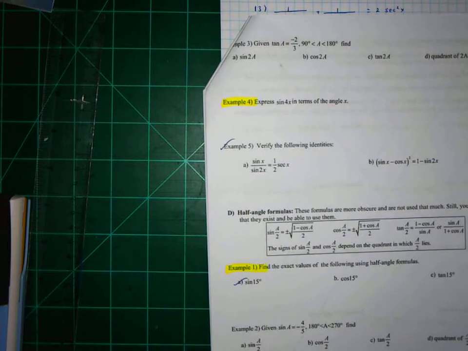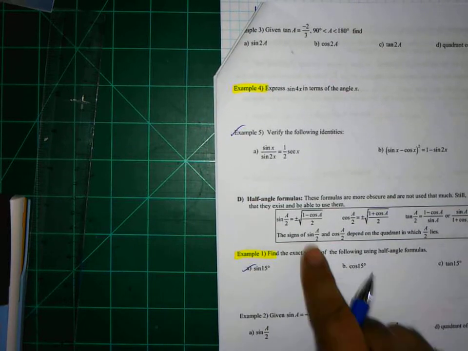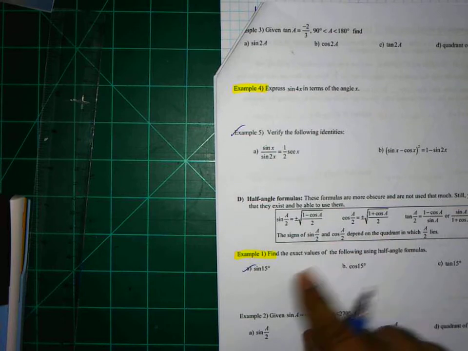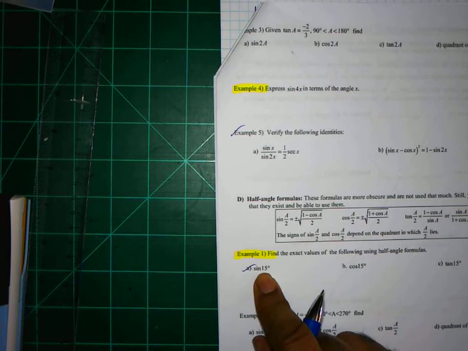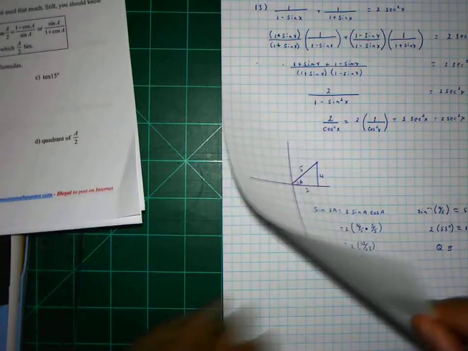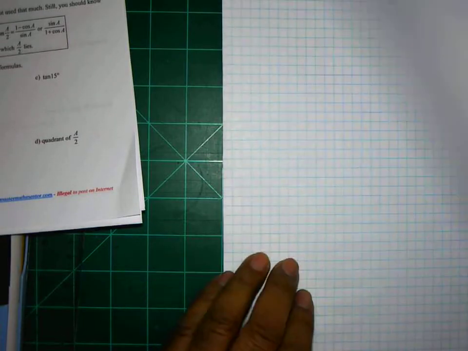Now the next thing we're going to look at is these half angle formulas. Now they work pretty much the same way as anything else here. So in this case here, I'm going to do A. Get another sheet of paper, and I'll rewrite this.